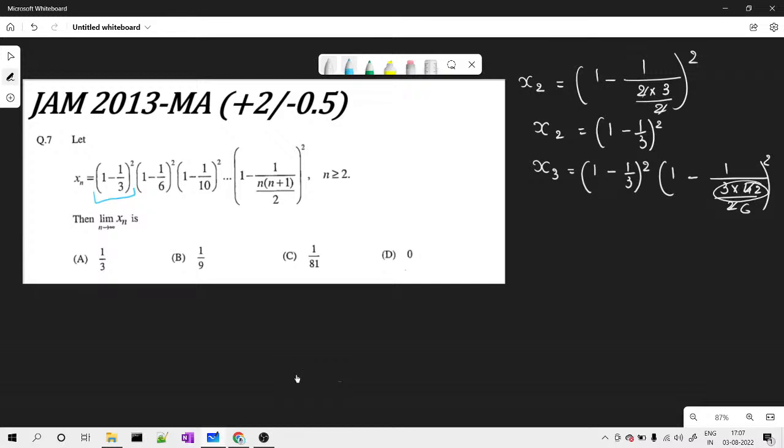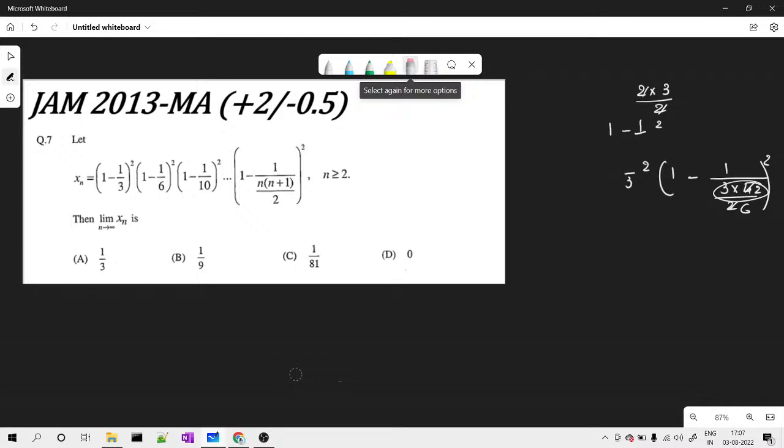That is nothing but the product of the first two terms. So x3 is the product of two terms, x4 will be the product of three terms, and xn will be the product of n minus 1 terms. This is how the sequence has been given.